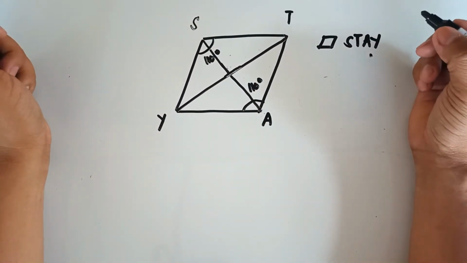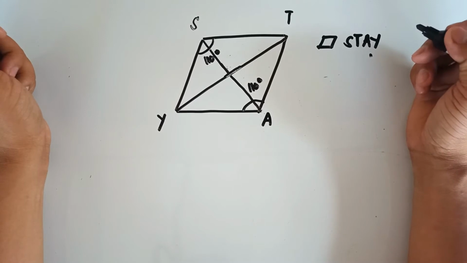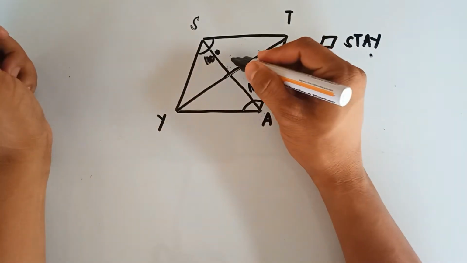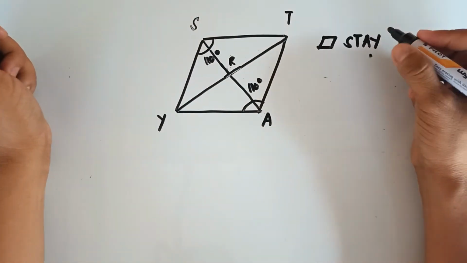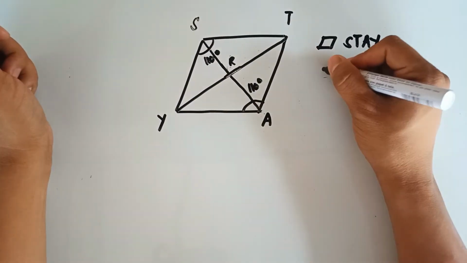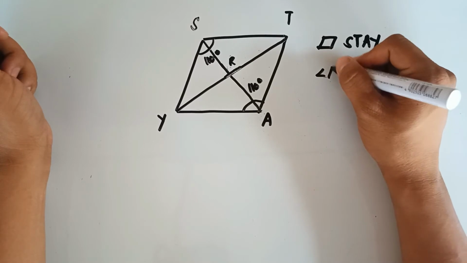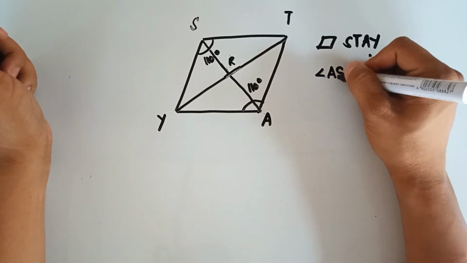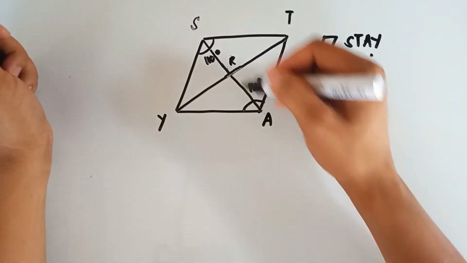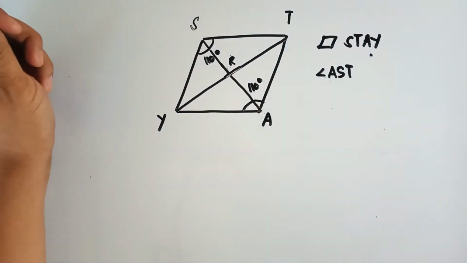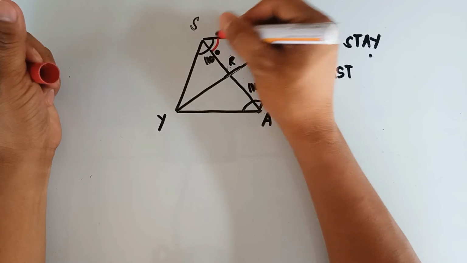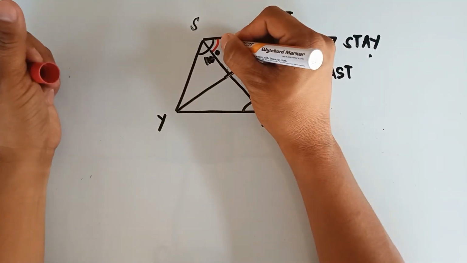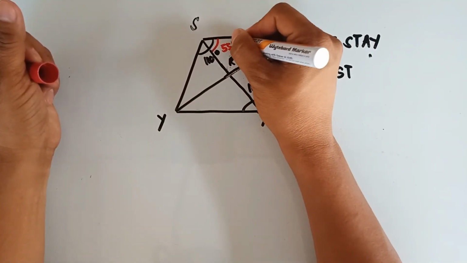So, from our theorem, again, this is our R. Angle AST, this one, is equal to 55 degrees.